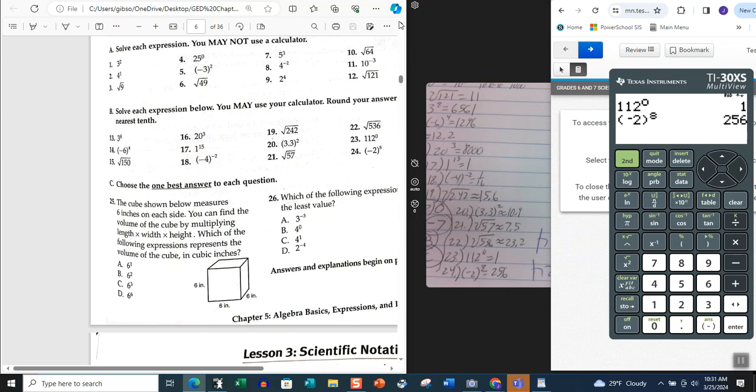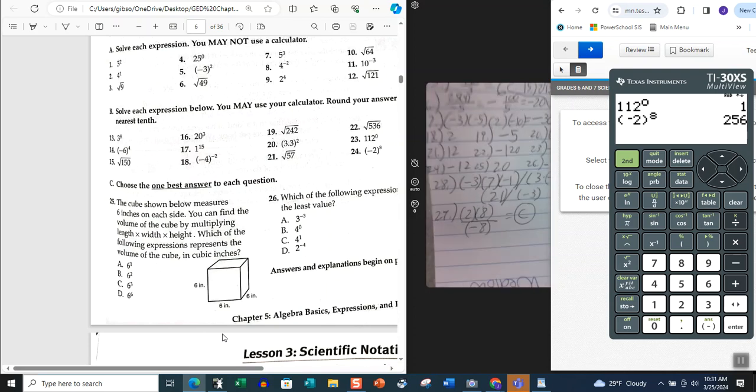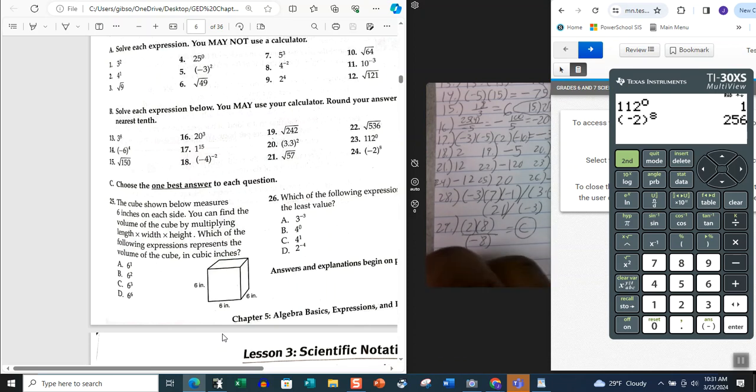Which of the following expressions represents the volume of the cube in cubic inches? Now remember, all of these sides are 6 inches. We got the length, the width, and the height, so they're all 6 inches. So if you notice here, we're writing 6 inches 3 times.